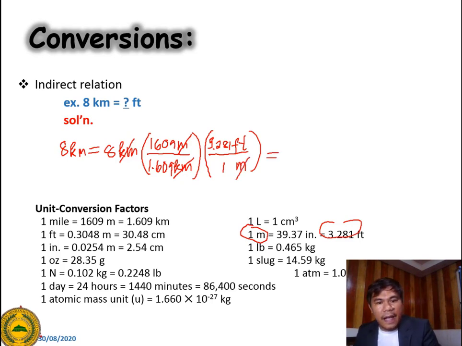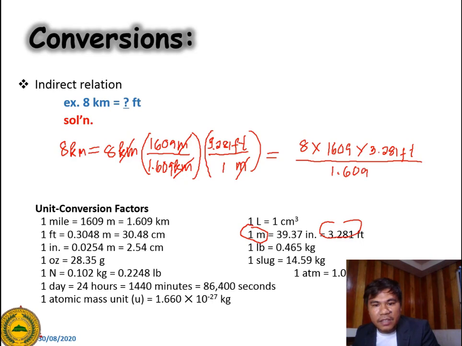8 times 1,609 times 3.281 feet all over the denominator, which is actually 1.609.